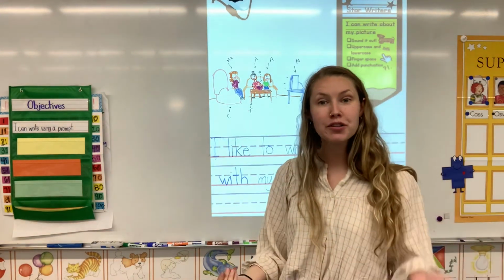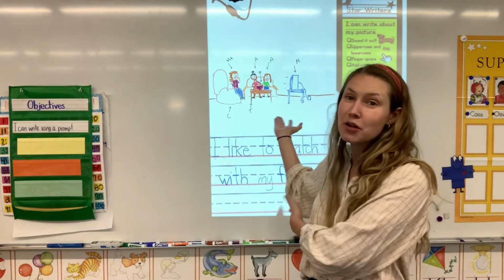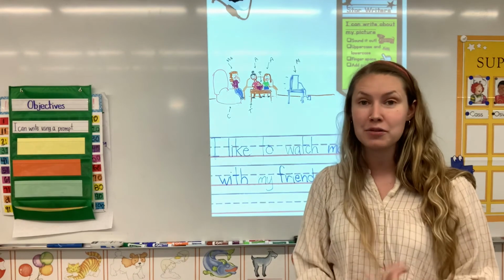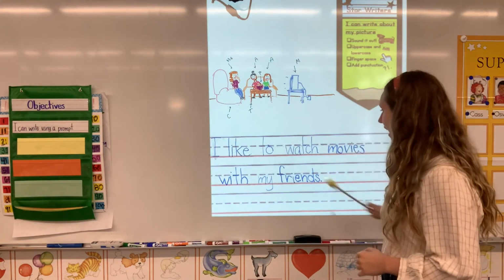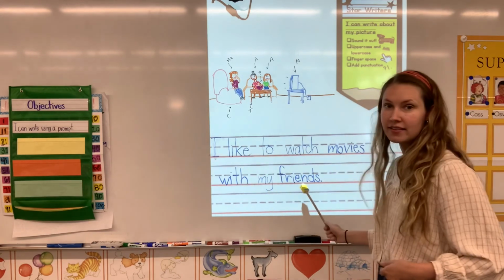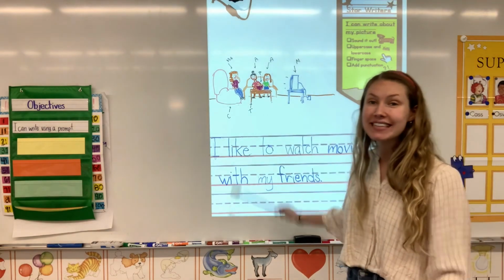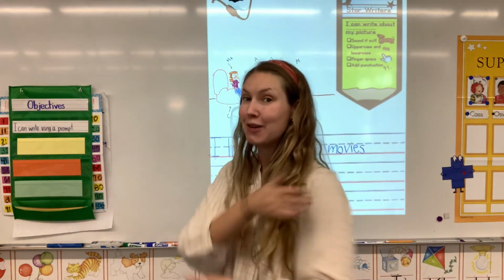So I was able to, even though I didn't write about all those things, put labels in my picture to show what I was talking about. So I have my sentence that ends up saying, I like to watch movies with my friends. Then I added more details in my picture and was able to use those beginning sounds to label it.